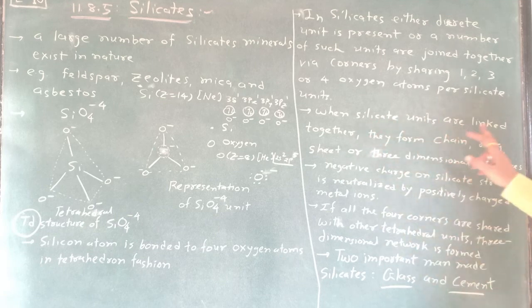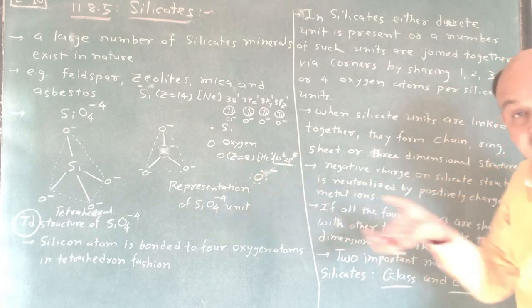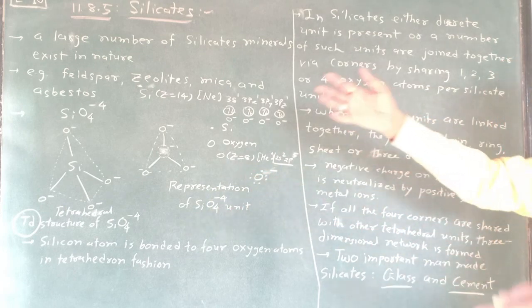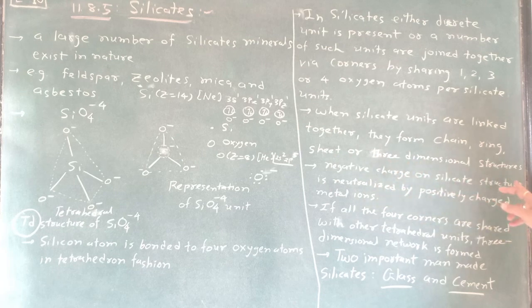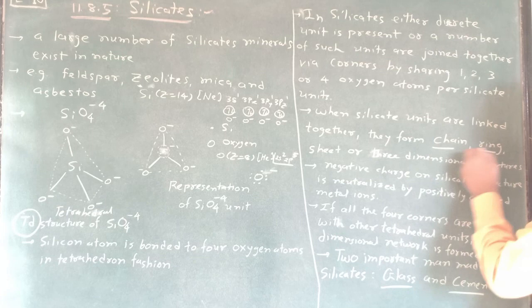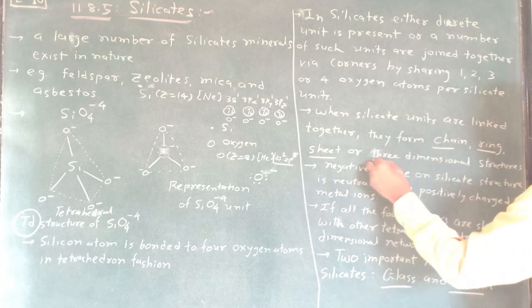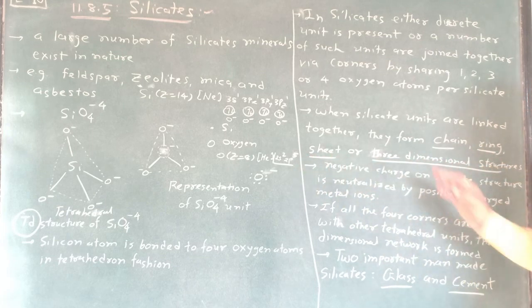When silicate units are linked together, they form a chain. Another we consider is ring structure. Another is sheet or three-dimensional structure also. So you do write this: chain structure, ring structure, sheet or three-dimensional structure.